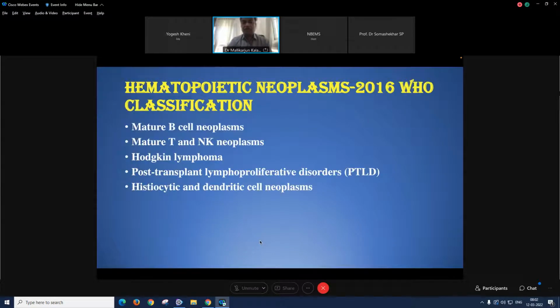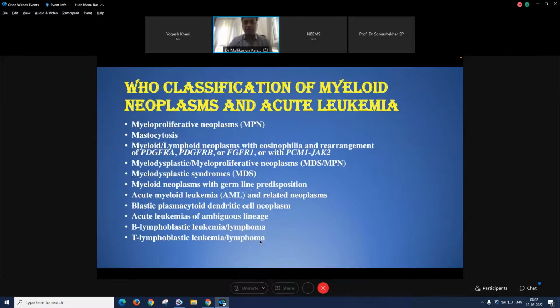We know there have been various classifications, but we largely divide those cancers into mature B-cell neoplasms, T and NK cell neoplasms, Hodgkin's and non-Hodgkin's lymphoma, and post-transplant lymphoproliferative disorder. We also have various myeloid malignancies: myeloproliferative neoplasms, mastocytosis, myelodysplastic and overlap syndromes, acute myeloid leukemia and related disorders.